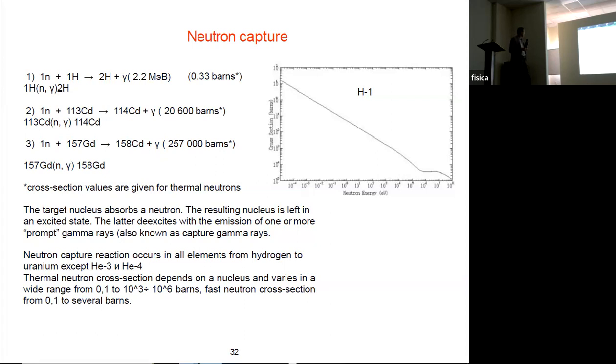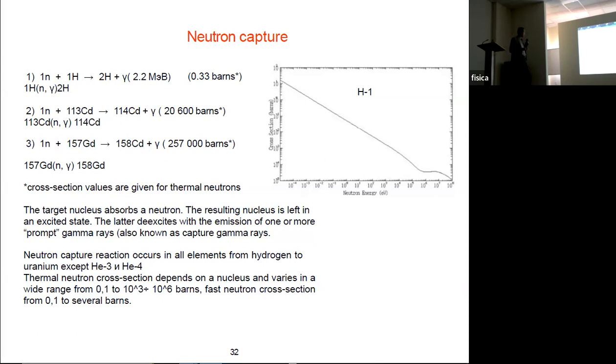Basically, this is a reaction for hydrogen. Why is this reaction very important? Because when neutrons interact with water, they give rise to 2.10 MeV gamma rays.